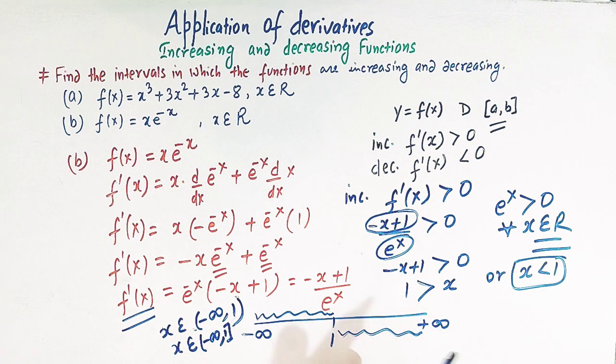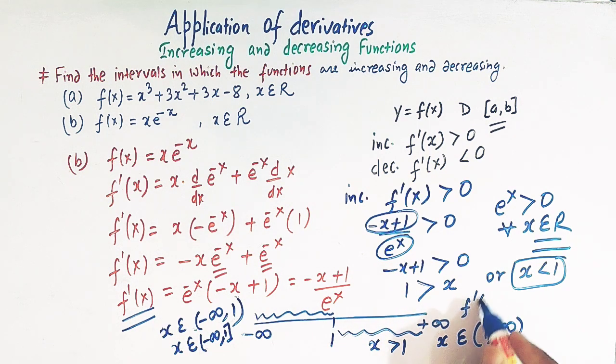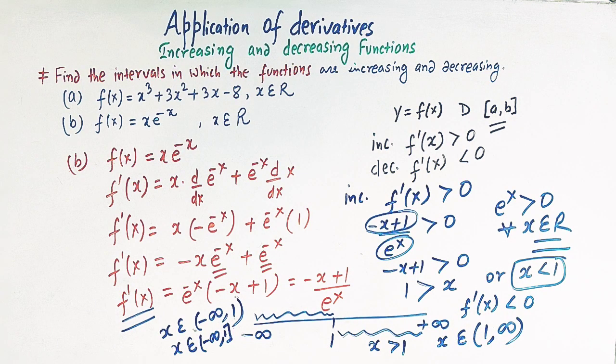So in this portion, that is x greater than 1 or x belonging to the interval 1 to infinity, the function is decreasing, right? Decreasing means the derivative is less than 0, right?